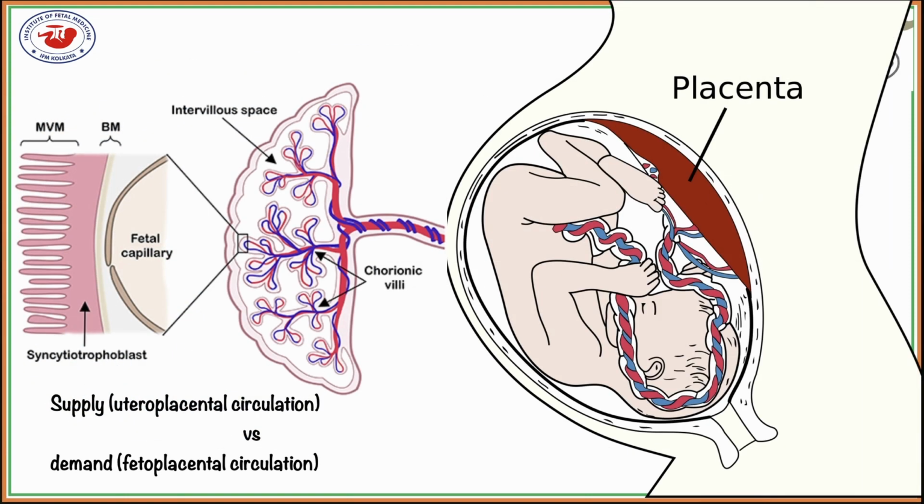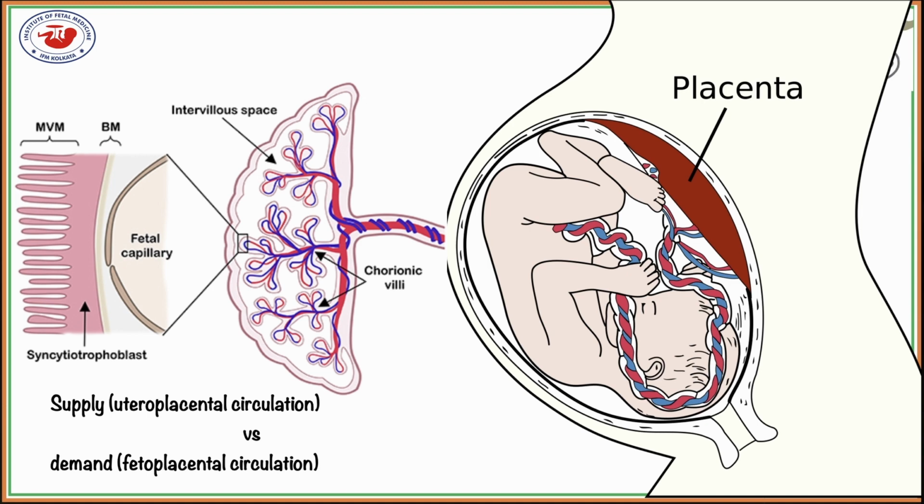Now, if you look into this slide, this side is the maternal circulation and this is the fetal circulation. There is a supply from the uteroplacental circulation, and this supply is to meet the demand of the fetoplacental circulation.